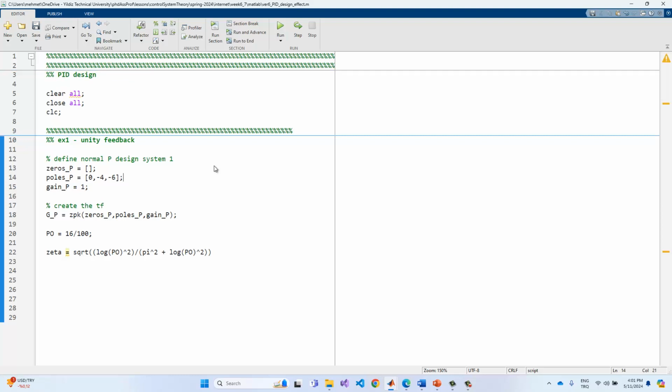Okay, this is the P design. So -8 is our zero, and -3, -6 and -10 are the poles. Okay, and the gain is 1. That's the P value: zeros, poles, gain, and also the percentage overshoot must be equal to 20.